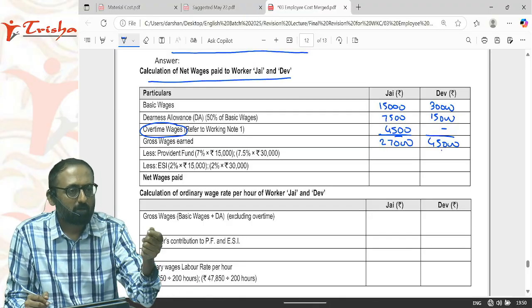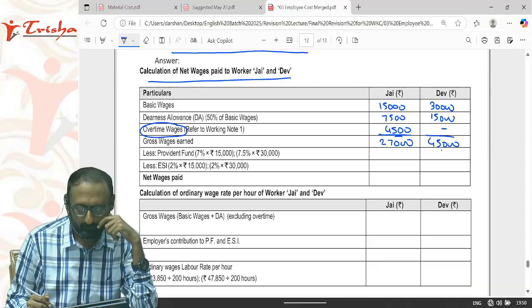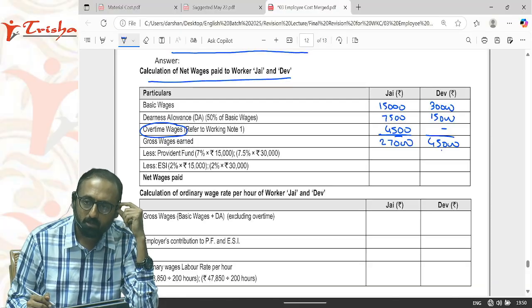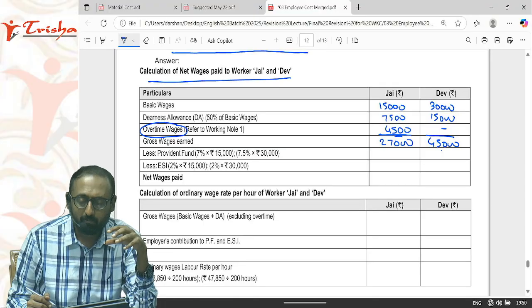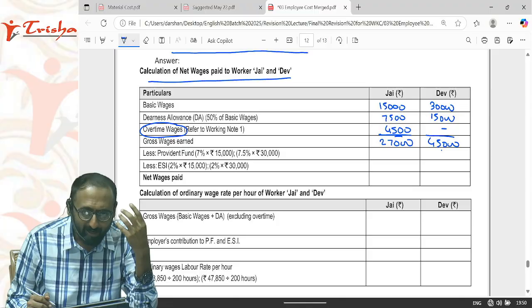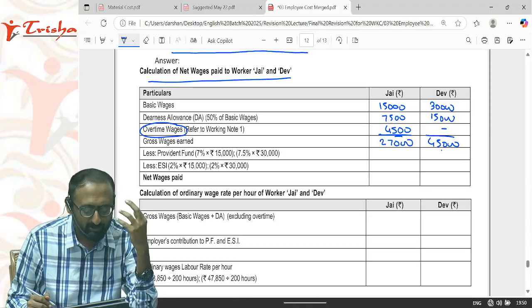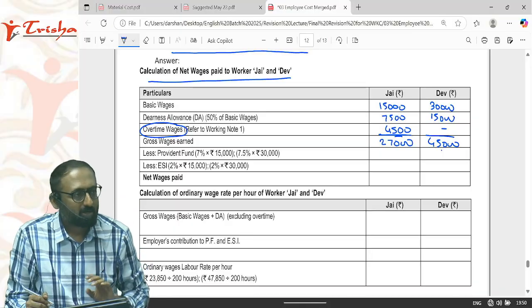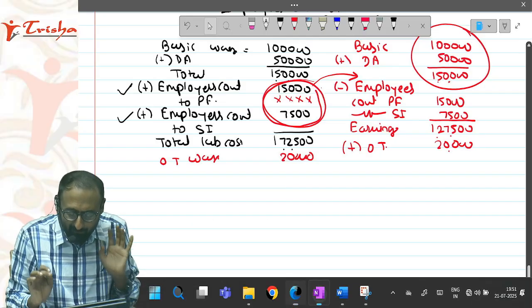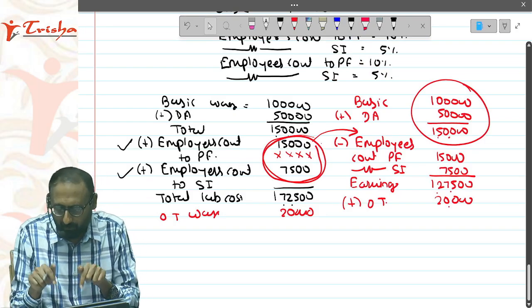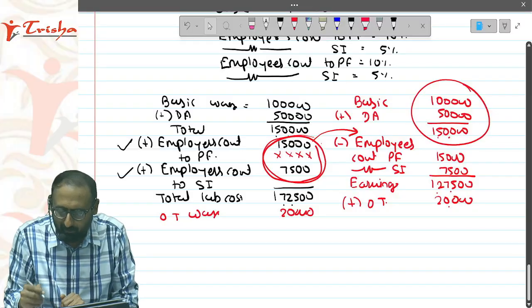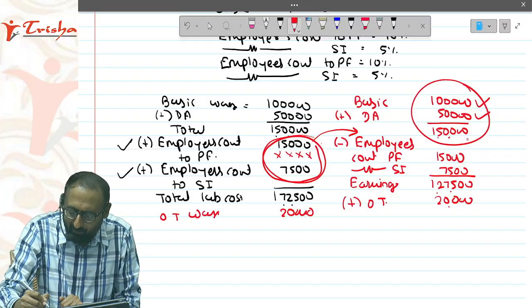Now, what about employer's contribution? Employer contribution will be added and employees contribution will be deducted. I have given one example also. If you want to calculate earnings of that worker, it is basic plus dearness allowance, with employees contribution deducted.